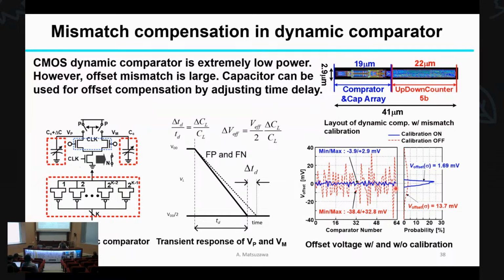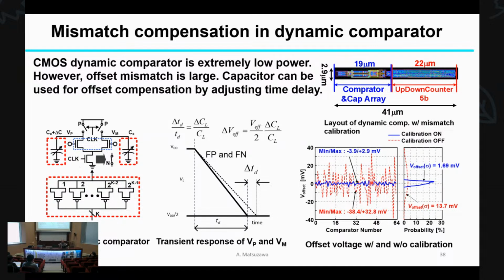So this is a major factor. Without offset calibration, the mismatch is about 30 millivolts. But by using this offset calibration, we can suppress it to such as 3 millivolts. So this is one technique.